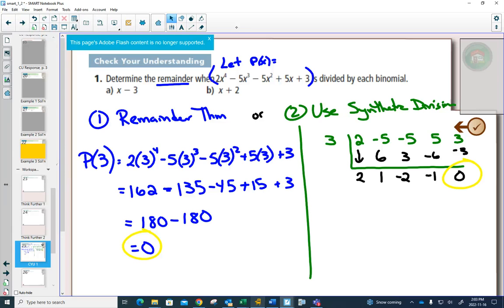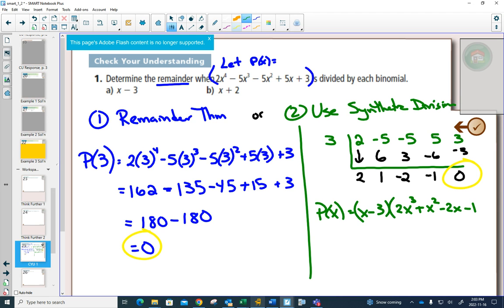And in addition to that, synthetic division lets you write the division statement. And we've already started to factor it. We factored p of x with synthetic division.